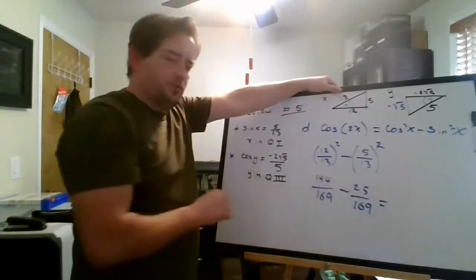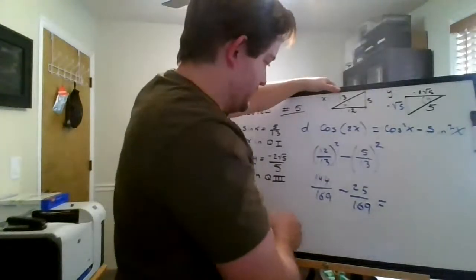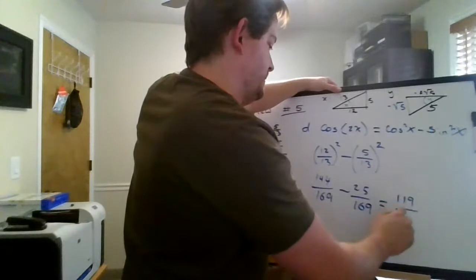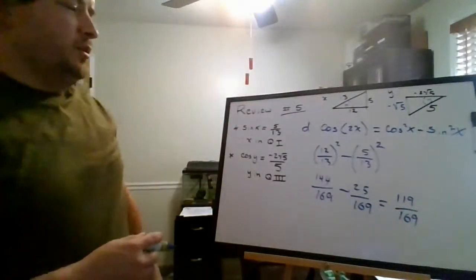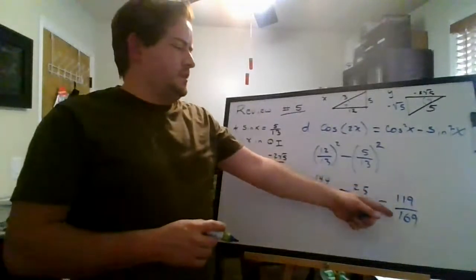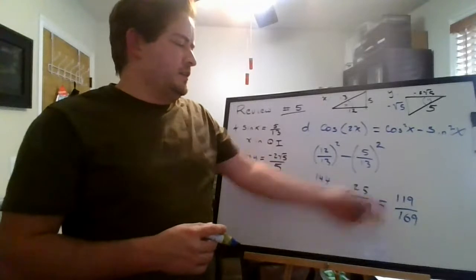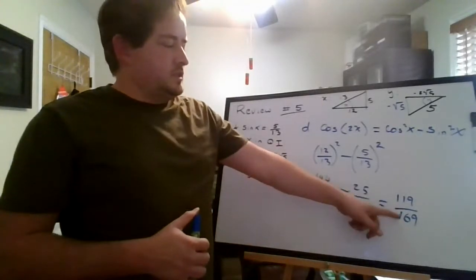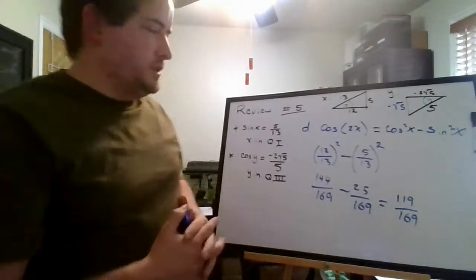And then, of course, 144 minus 25, that gives me 119 over 169. You'd want to see if you can simplify these. Most of the time you're not going to be able to. Sometimes you can. This one is not simplifiable because 169 is just 13 times 13, and 119 is not divisible by 13.